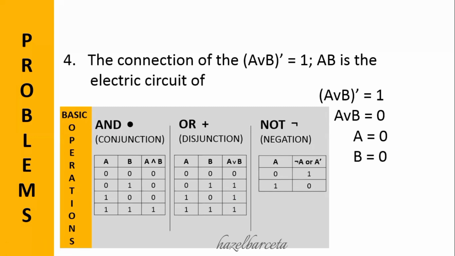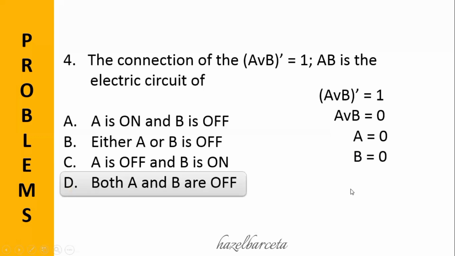Sa mga appliances po natin, di ba? 0 ay off, 1 is on. So, the answer is A, B, both equal to 0, which means off. A and B are both off. Letter D. Okay? Nakuha po?